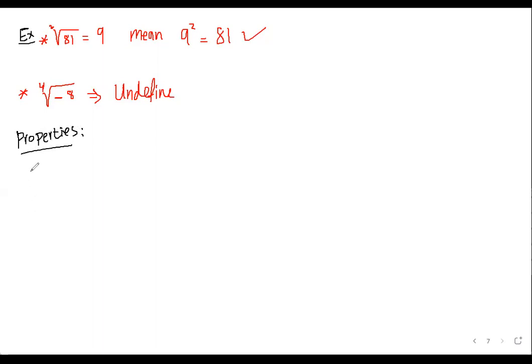Some properties for radicals. The first property says that if I have the nth root of a times b, I can write it as the nth root of a times the nth root of b.